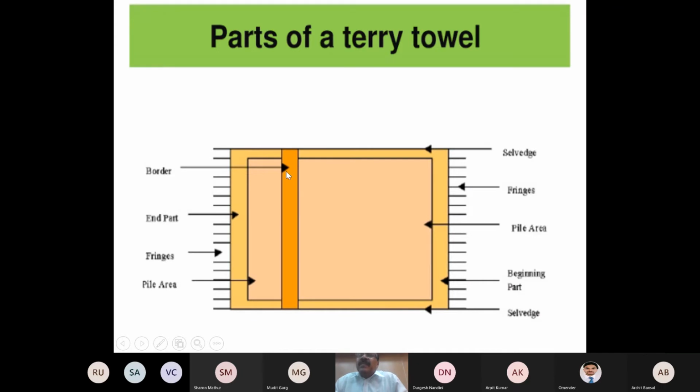It is only fast pick. So interlacement of warp and weft takes place, and a plain fabric is formed here, which is free from loops. Whereas in the rest of the place, the loop formation takes place according to the mechanism we just discussed.